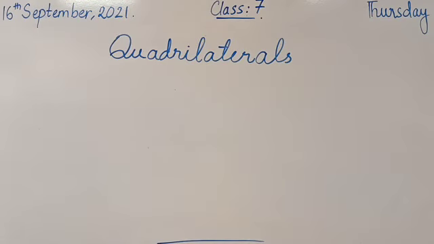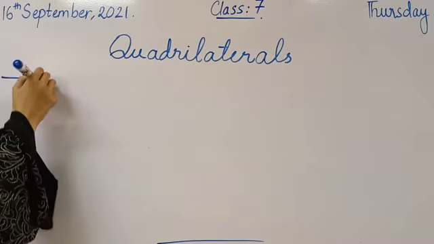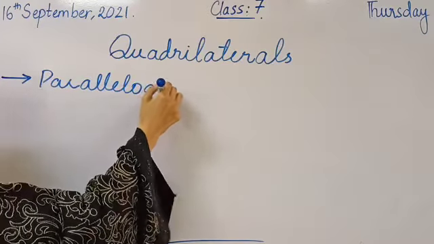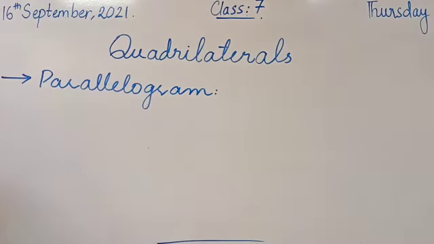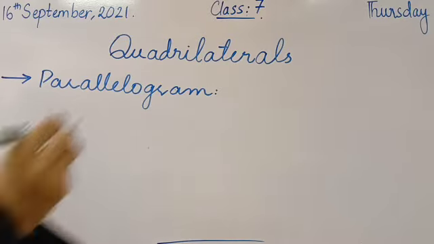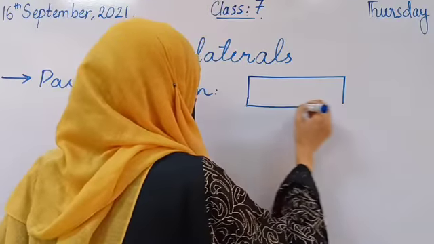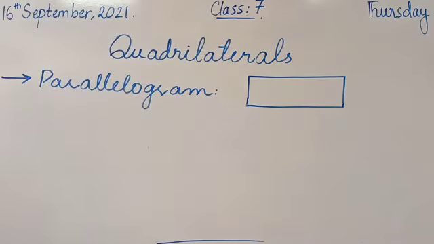Okay. Next we will discuss the next type of quadrilateral, which is the parallelogram. I asked you to observe the shapes of a parallelogram and a rectangle and find out the differences and similarities. Okay, I am drawing here. This is the rectangle.